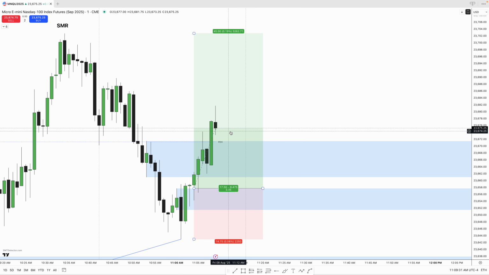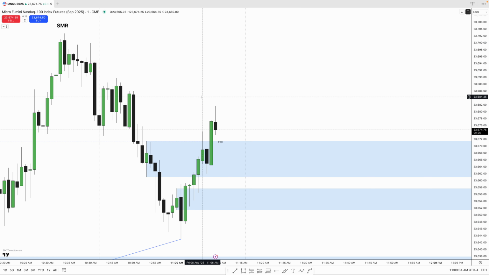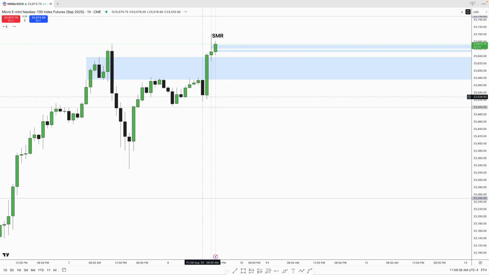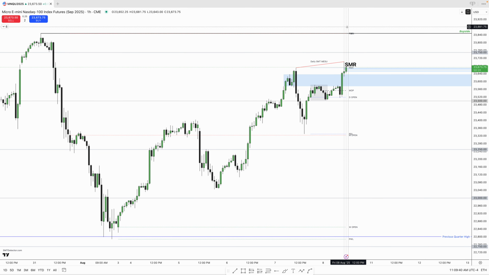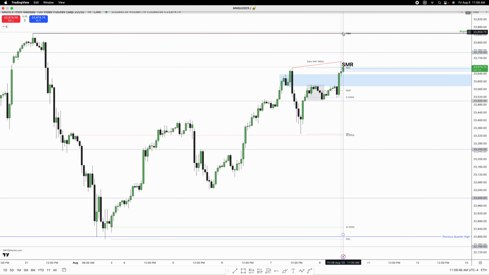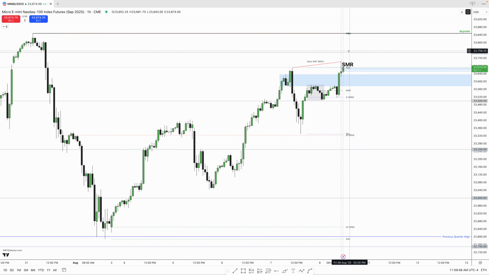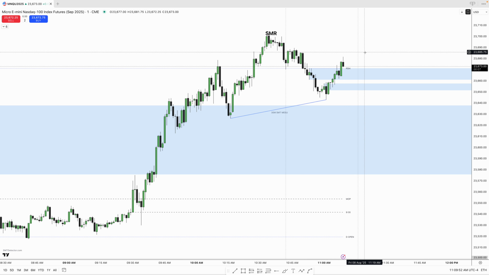I might take a little risk here, because the actual draw on liquidity now becomes the prior weekly high and the prior month high, being July. So a long would be very valid and could run pretty well into the close of the day. So just keep that in mind.